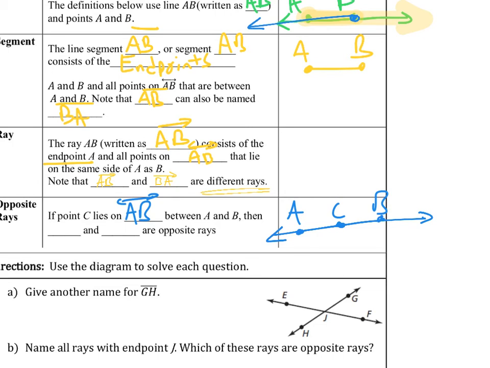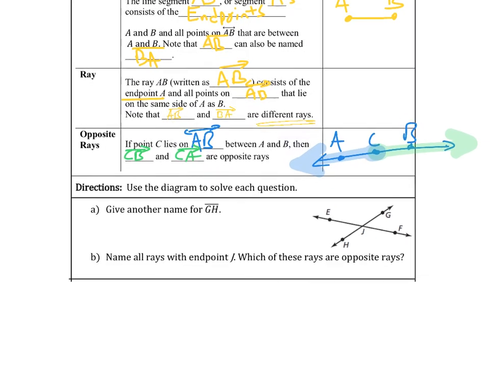We've got this ray that's going this way, starts at C, and goes to the right. You know what we call that? We call that CB, arrow going from C to B. Then we have this other ray that starts at C and goes through A. We call that ray CA because it starts at C and goes through A. So those are opposite rays, all right? And that'll show up at different times.